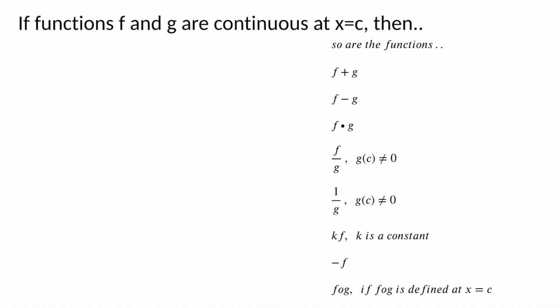The negative of the function would be continuous, and the composite of two functions f of g would be continuous at x equal to c, provided it is defined. And we had looked at some examples of this in the previous session.